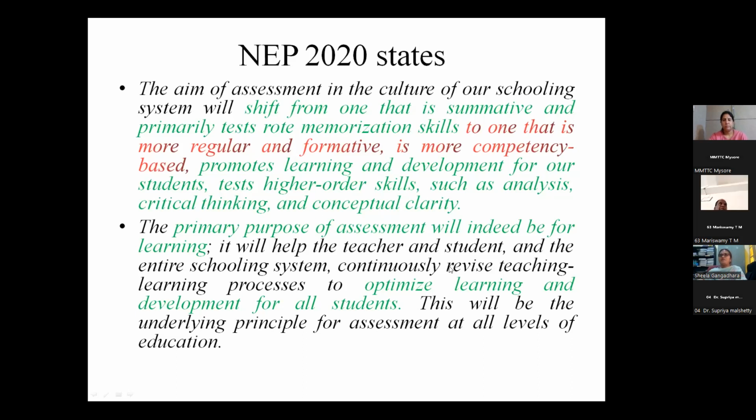And the primary assessment should be for learning, not for testing, where we have to see whether the child has learned. That is going to help both the teacher and student, and also the school at large, where it helps to continuously revise our teaching learning process to make the child learn at his optimal level and to support the holistic development of all students.